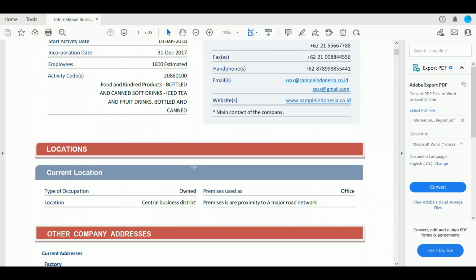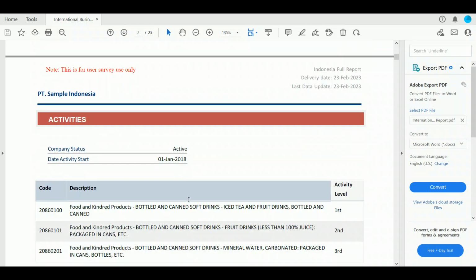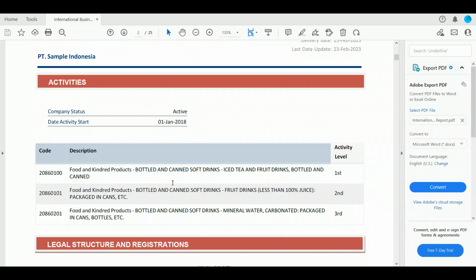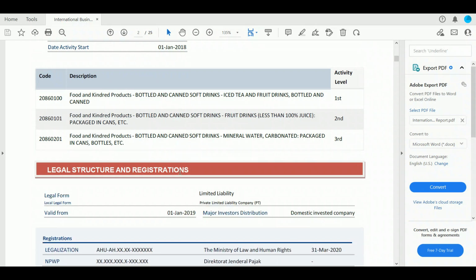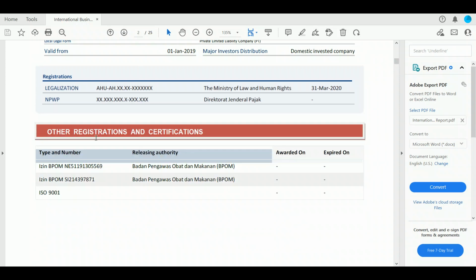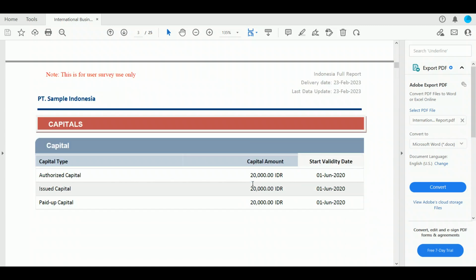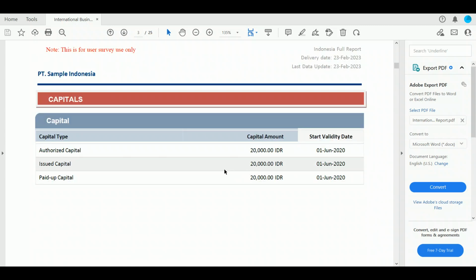Next, we have the locations and the company addresses information, their register business activities, the legal structure and registrations, and is there any registrations and certifications that can be found from the local authority? And what are the paid up capitals information?